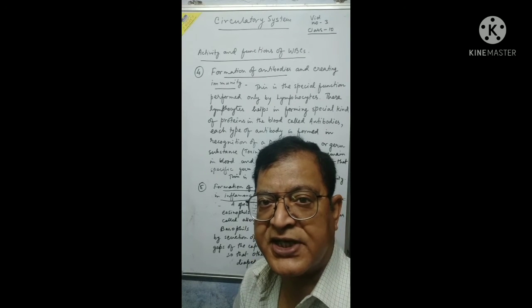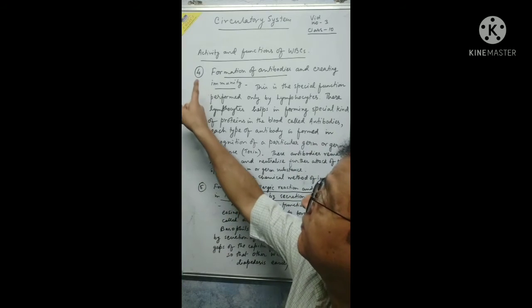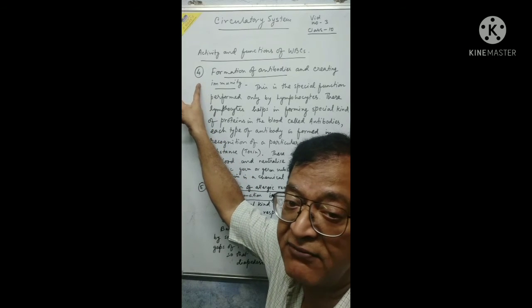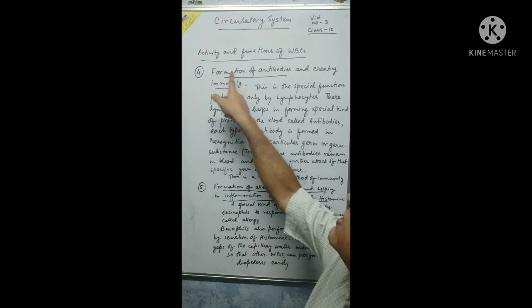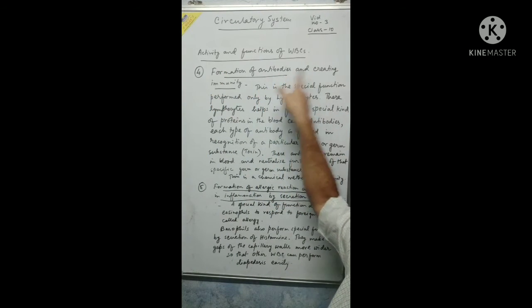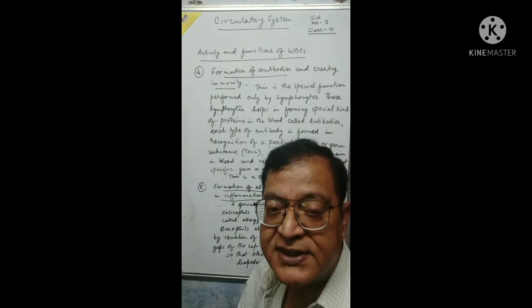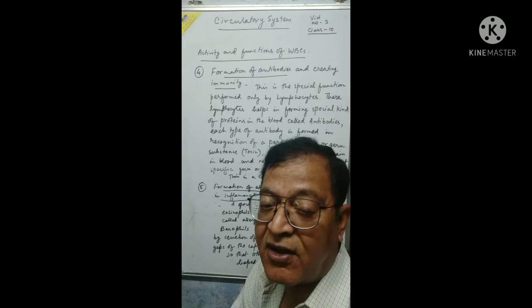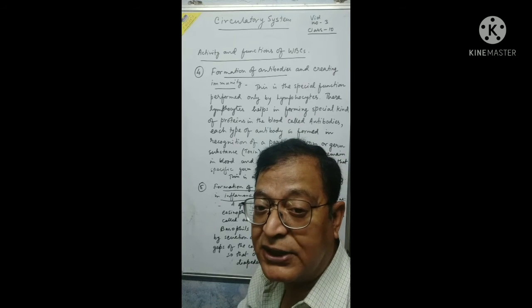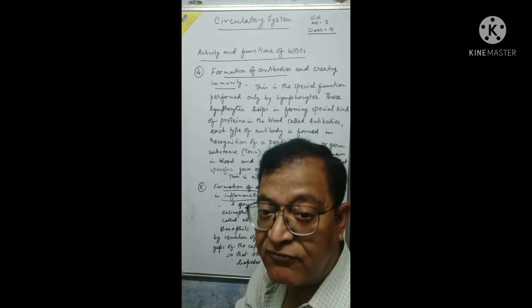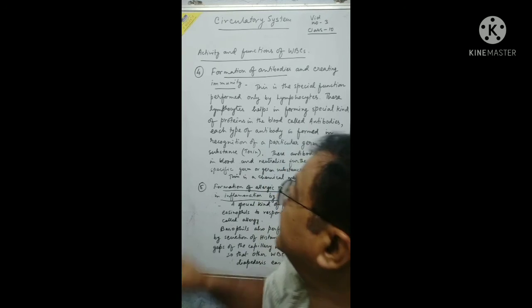The fourth function is the most important one in our body, that is called formation of immunity. Formation of antibodies and creating immunity in the body is a very important aspect of our body, which gives an enormous power to fight with harmful germs of the surrounding.